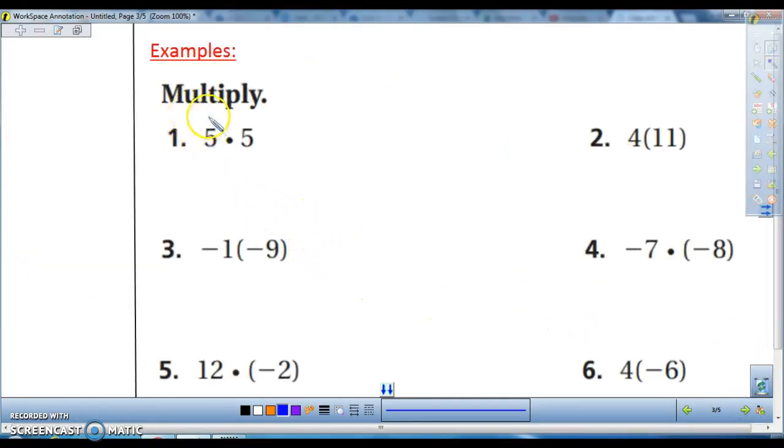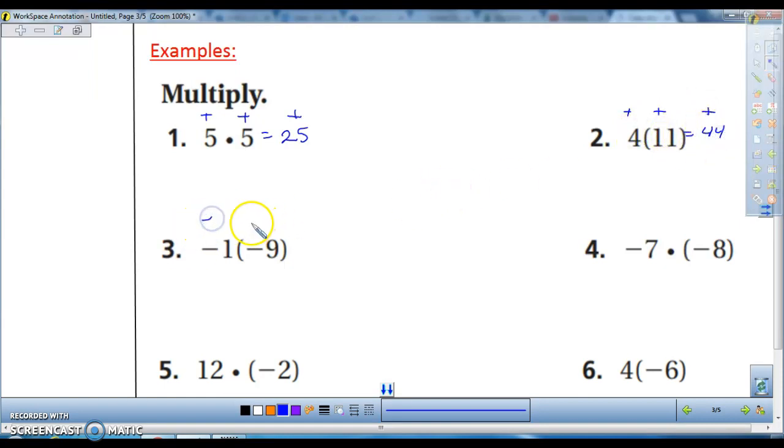All right, so we have a positive times a positive, and a positive times a positive is a positive. So 5 times 5 is 25. The multiplication doesn't change. The only thing we're focusing in on is the sign of our product. A positive times a positive is a positive. 4 times 11 is 44.